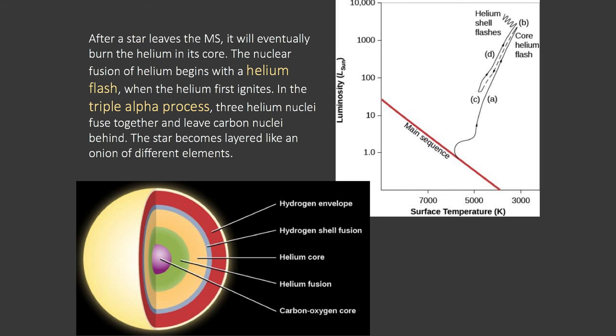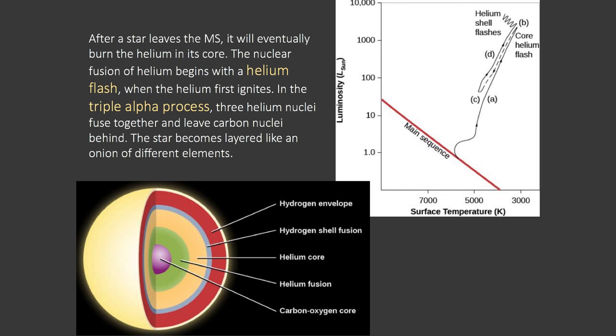At the core of the star is all helium. Outside of the core, there will be some helium fusion happening with the triple alpha process, and then hydrogen will be burning around that, a hydrogen shell fusion. We mentioned that in a previous video, that hydrogen in the shell outside will start burning as well.